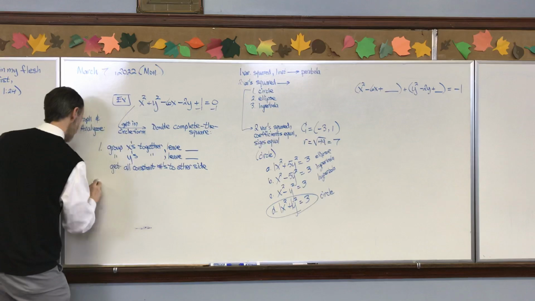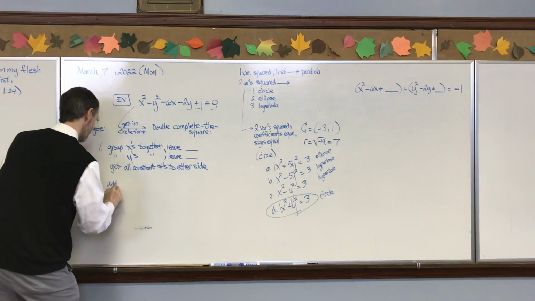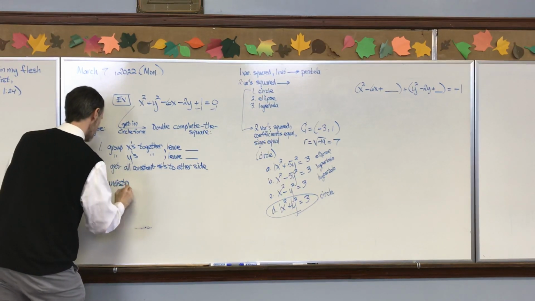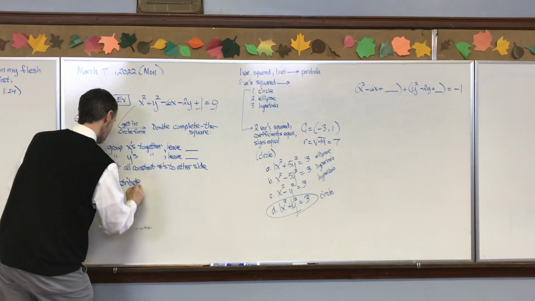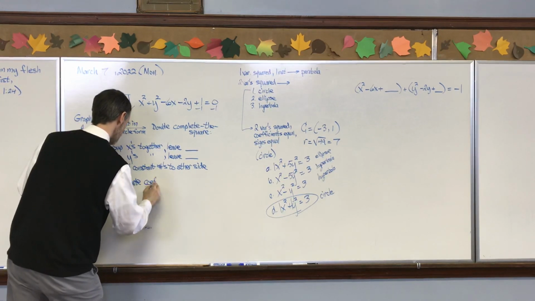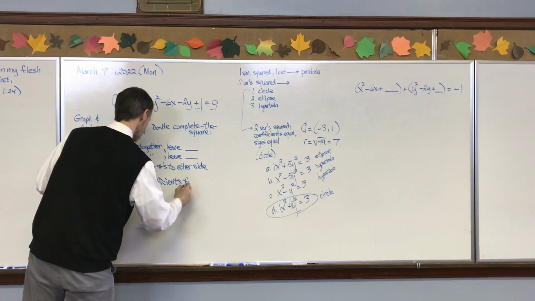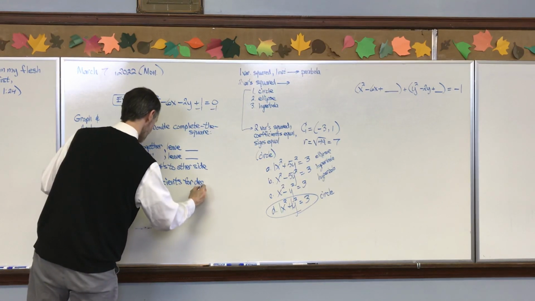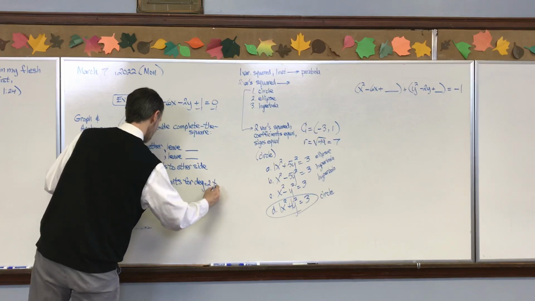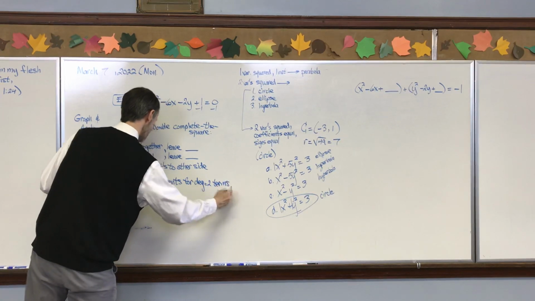Step 2. Undistribute coefficients for the degree 2 terms, if necessary.